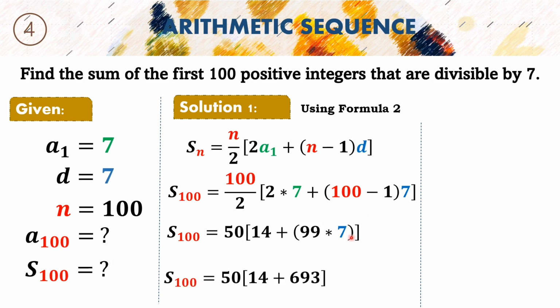So that's 50 times the sum of 14 and 693, so that's 50 times 707. Therefore, the sum of the first 100 terms is equal to 35,350.